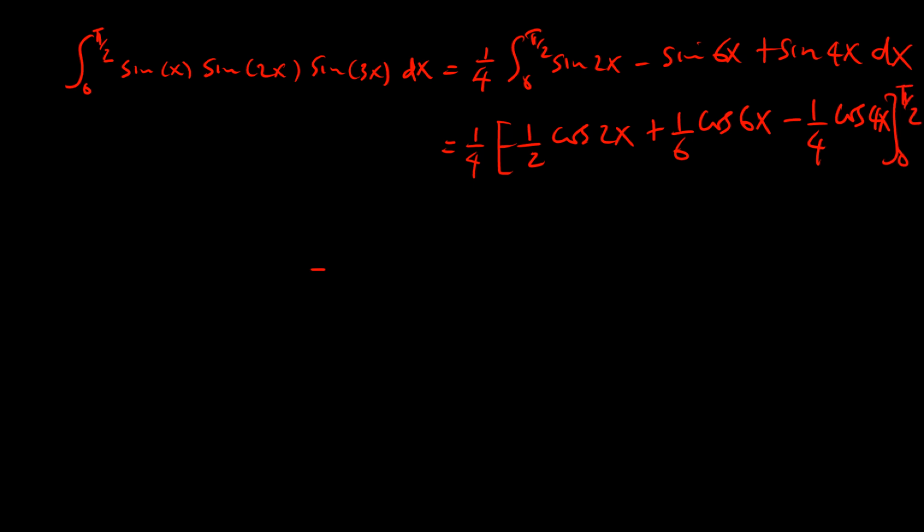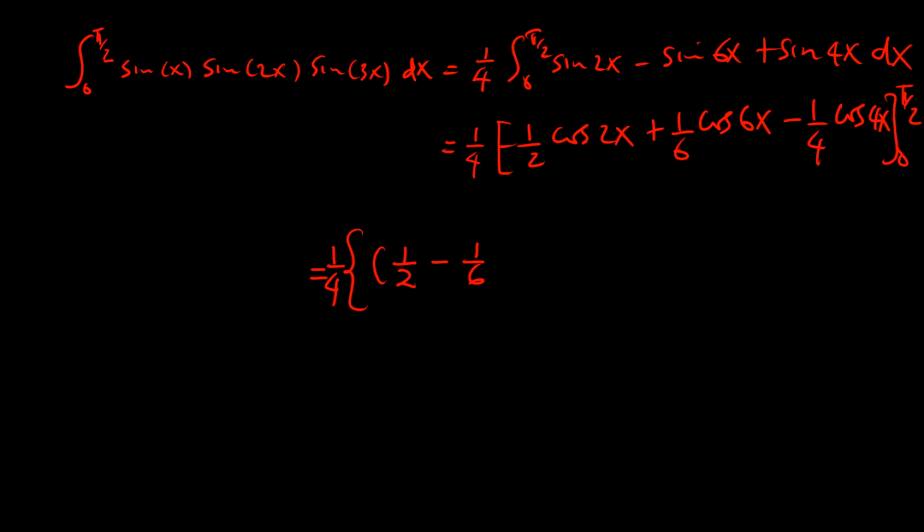So limit wise, we have obviously a quarter out here. As x tends to pi over 2, this is cosine of 2 times pi over 2, which is cosine pi, which is negative 1. Negative 1 times negative a half, that's positive a half. Cosine 6 times pi over 2 is cosine 3 pi. This is negative 1. This becomes negative a sixth. And then minus a half cosine 4 times pi over 2.